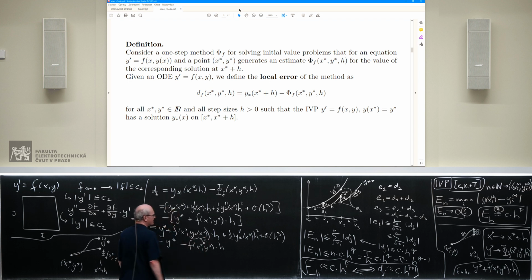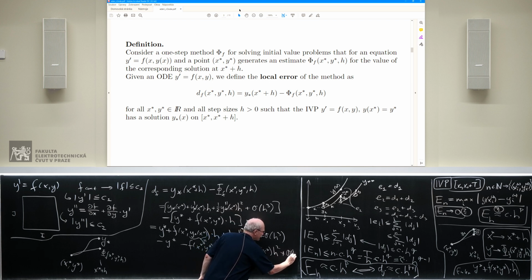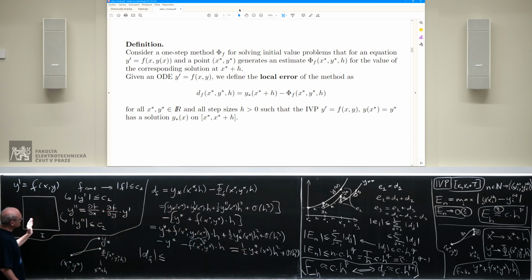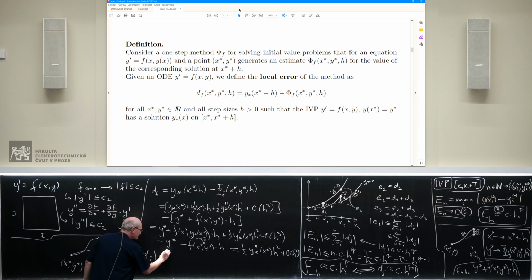Equality here. So the first two terms, they cancel, and we can see that the local error is determined by this expression plus some error term, which is negligible when h is really small. So roughly speaking, the local error is bounded by, and here it comes, the second derivative of all solutions that pass through this rectangle is bounded by some constant.